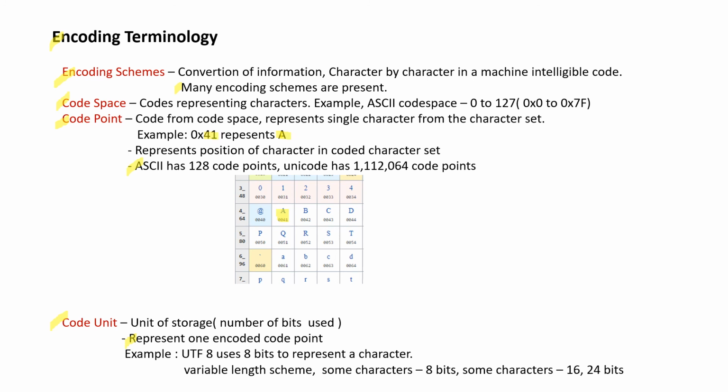But UTF-8 uses 8 bits to represent a character, but sometimes it can use more bits to represent a certain set of characters. So UTF-8 is a variable length scheme. Some characters are 8 bits, some characters are 16 or 24 bits. That we will understand in the next set of videos.